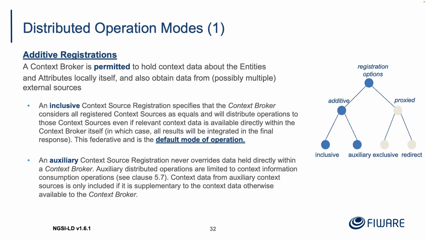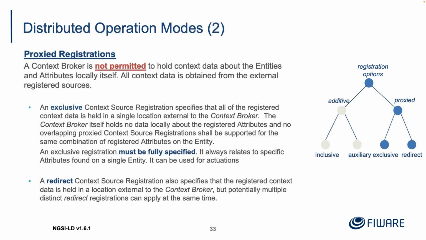Now, the additive registrations are in contrast to the proxied registrations, where, as you can see in red, the federation context broker does not and cannot hold context data about entities and attributes itself locally.